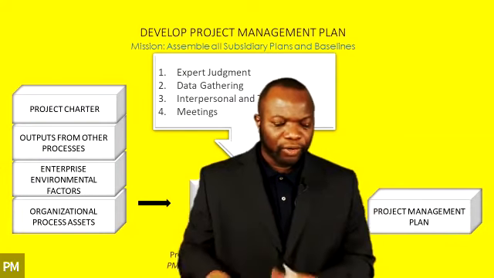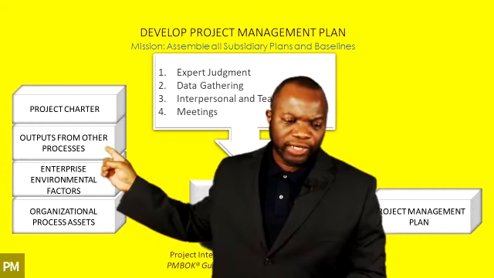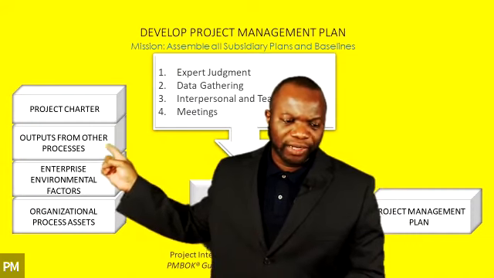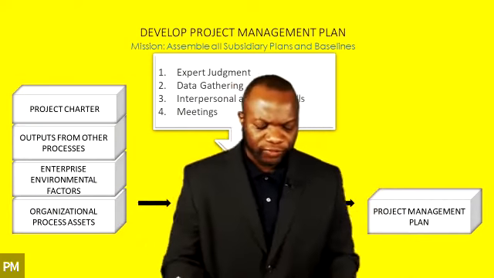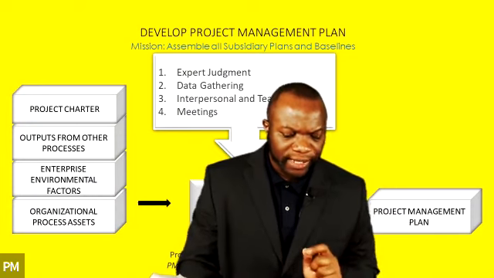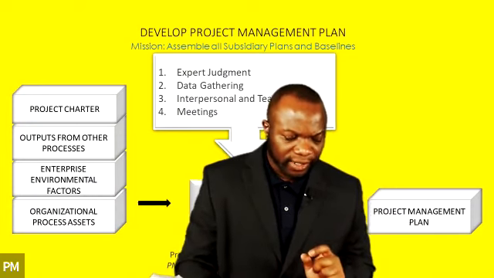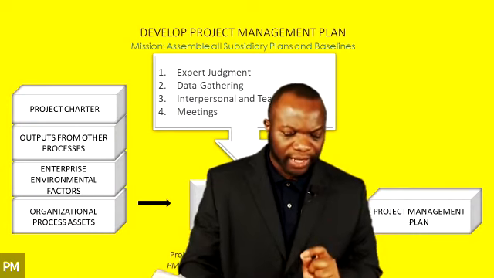All plan components is referring to what? This. When we say all plan components, we mean this. Are you following what I'm saying? So outputs from other processes is really all these plan components. And it says consolidating them into an integrated project management plan.